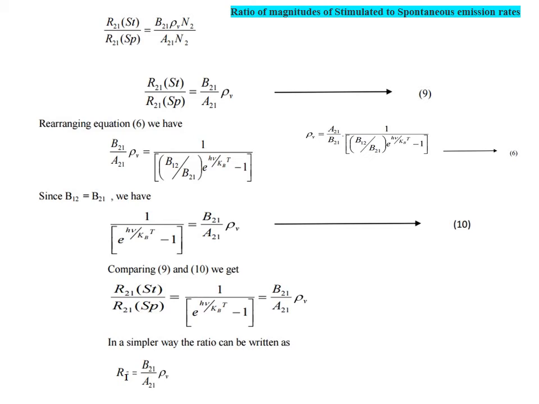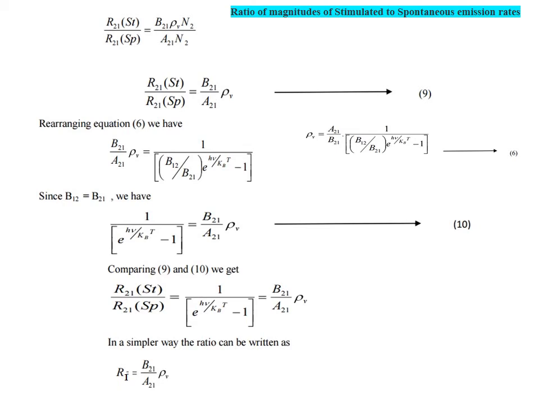Now we will make use of a previous equation, which is equation number 6. I have written that equation once more here for ease of reference. If you examine equation number 6, we have got an equation for rho, and on the right side you have got A21 by B21. If you take this A21 by B21 towards the left, we will be having B21 rho nu by A21, which is what we have on the right side in equation number 9.